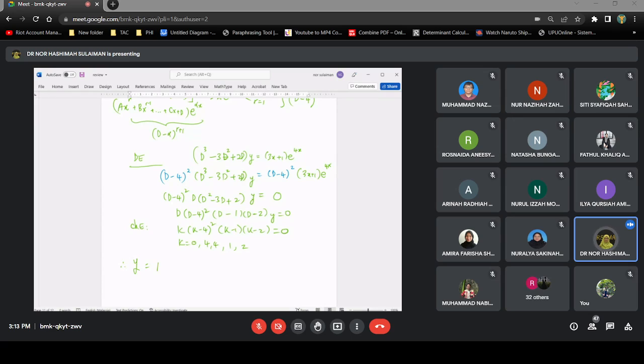So you have A e to the power of 0x plus B e to the power of 4x plus C x e to the power of 4x plus D e to the power of x plus F e to the power of 2x. Okay. Dah tak perlu cari YC sebab kita bukan nak compare, kita bukan nak slash mana-mana sebab kita nak jawapan bagi ni general solution. General solution.